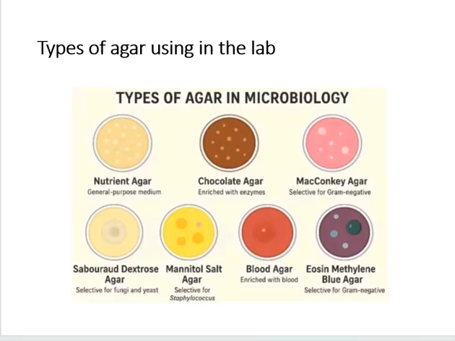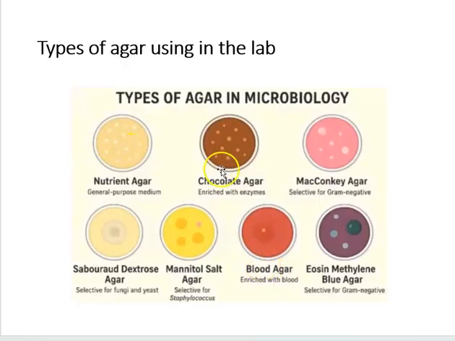So here are the general types. We have a general purpose media, nutrient agar. This would be the tryptic soy, as I mentioned. And then we have chocolate, which is a tryptic soy agar with sheep's blood that's been cooked a little bit. We have blood agar, which is nutrient agar with blood in it.